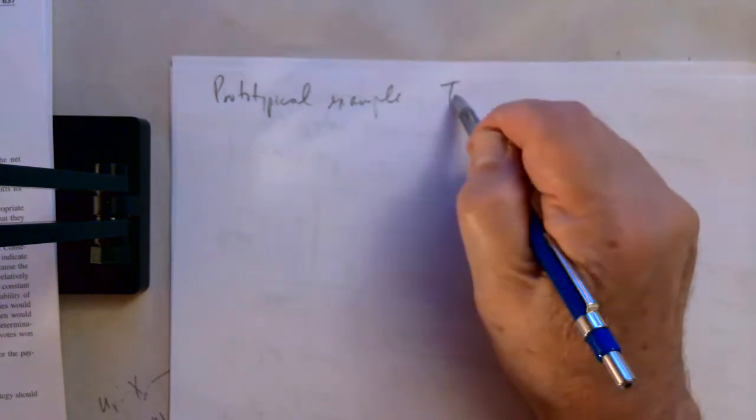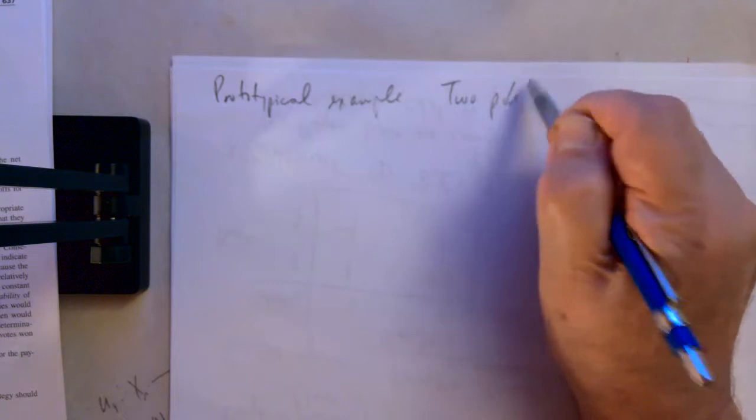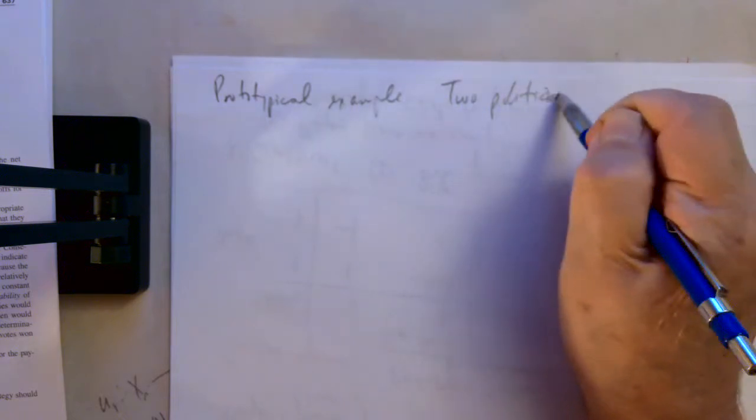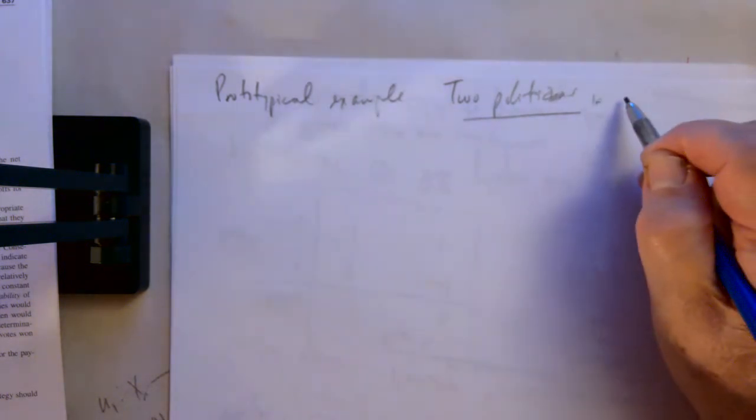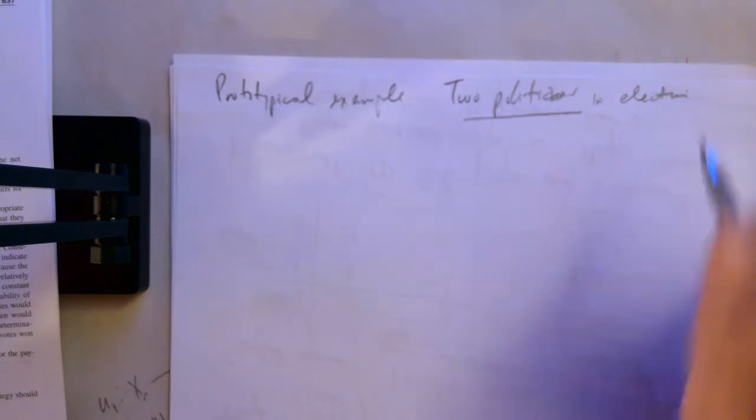So we have two politicians running against each other in an election, and they each want to win. That means they want to get the most votes.